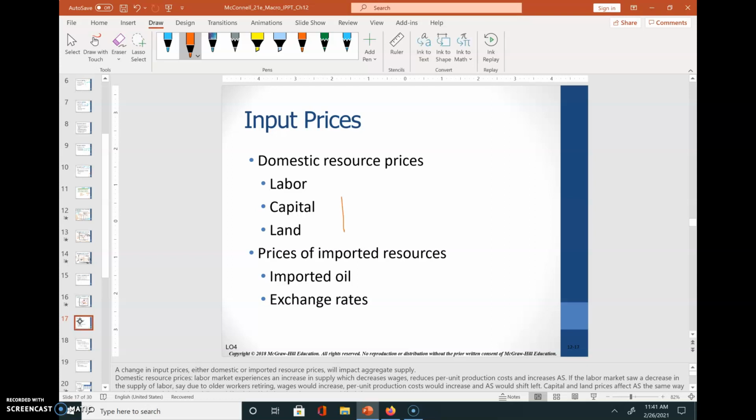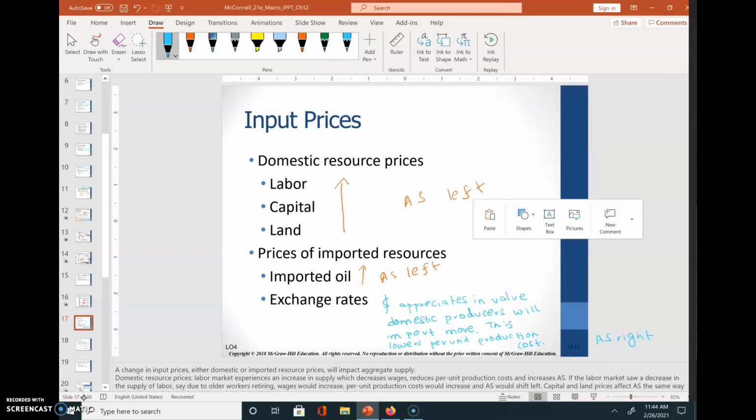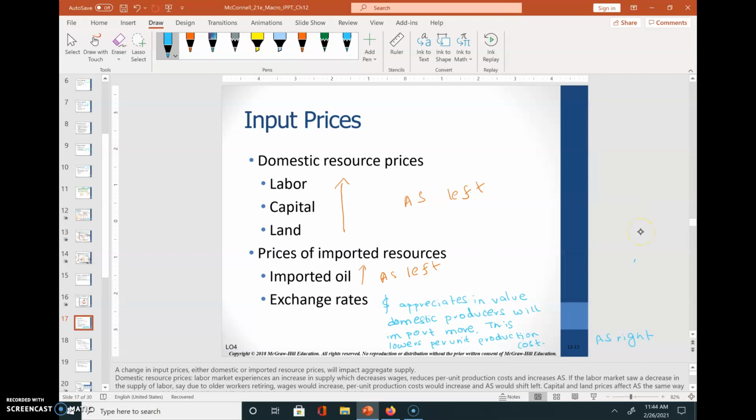If any of these input prices increases, the aggregate supply curve will shift to the left. However, if the price of domestic resources and imported resources goes down, the aggregate supply curve will shift to the right. Now we look at exchange rates.